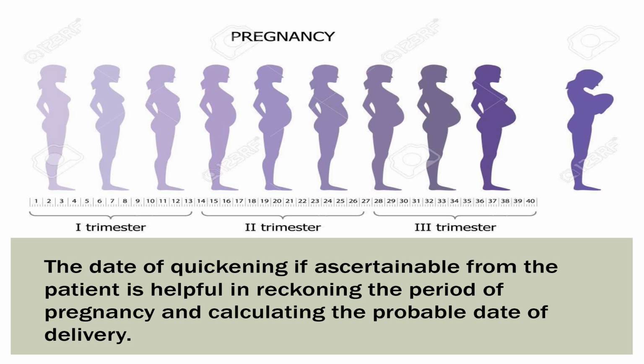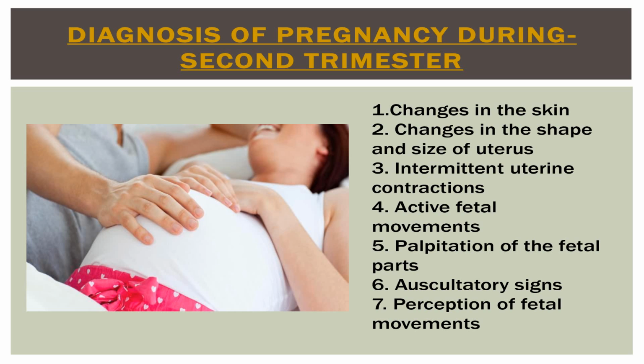Diagnosis of pregnancy during the second trimester, there are some changes that occur in the mother. Number 1, changes in the skin. Number 2, changes in the shape and size of uterus. Number 3, intermittent uterine contraction.